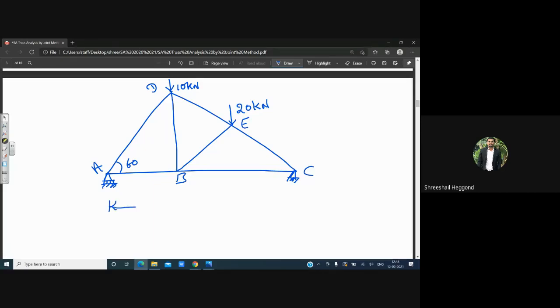This is of 3 meter, and this is of 5 meter. And vertical is of total 4 meter.